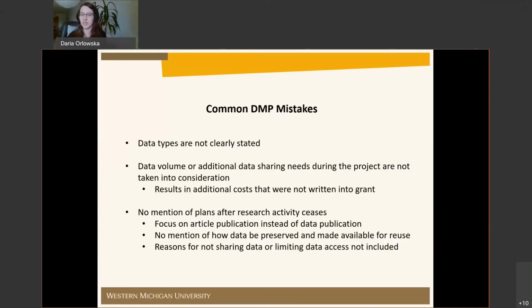In addition, sometimes data volume or additional sharing needs are not taken into consideration. A lot of the time you have researchers who think, okay, the institution will provide the platform so that I can save my data while I'm working on it, and then I'll figure out later what happens to it.